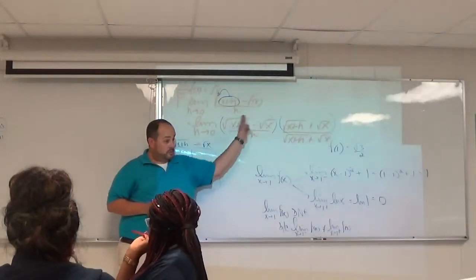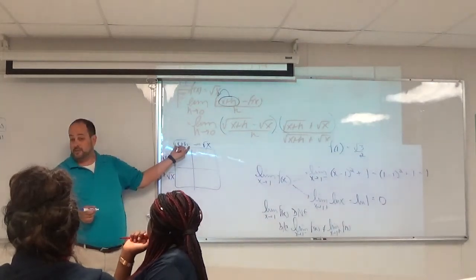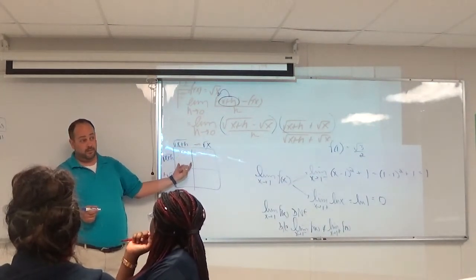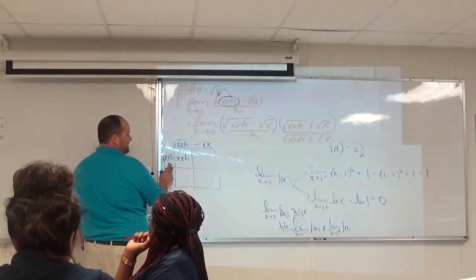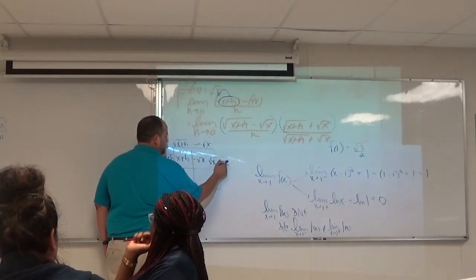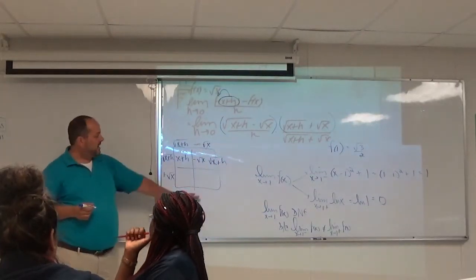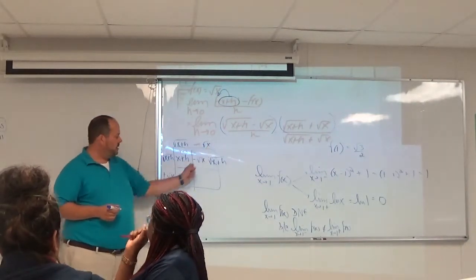I'm just multiplying out the numerator right now. Square root of x plus h times square root of x plus h, everyone's going to tell me, is x plus h. Then square root of x plus h times the negative square root of x, plus the square root of x times square root of x plus h. I'm not going to try simplifying, are we okay? Just this guy times this guy. What about down here?